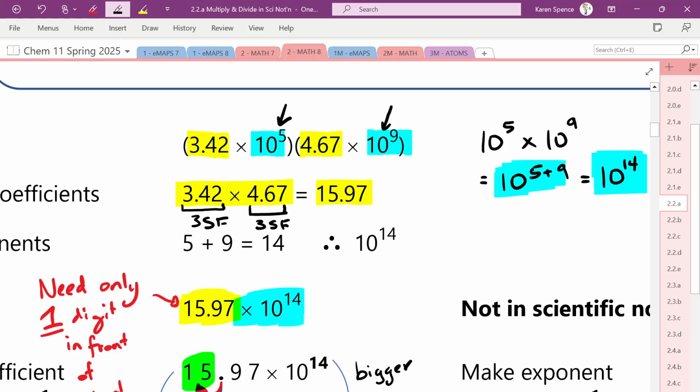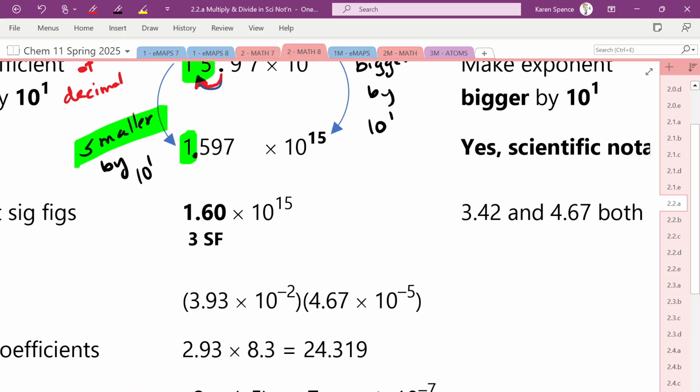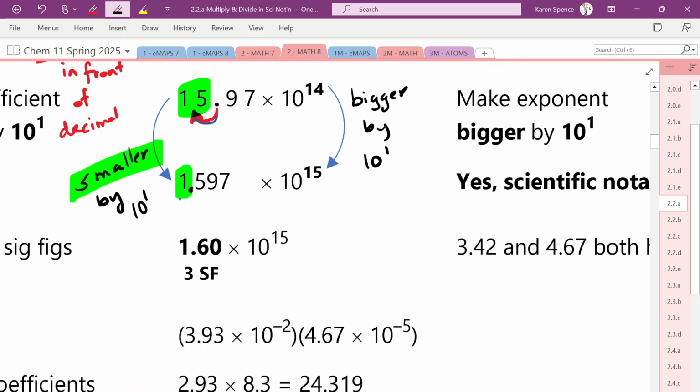So how many sig figs should we have in our answer? 3. So I should have 3 sig figs in my answer: 1, 2, 3. I look to the right, that is a 7 beside the 9. That means that the 9 is going to round up. So instead of 1.59, we will end up with 1.60. And that is our final answer for that one.